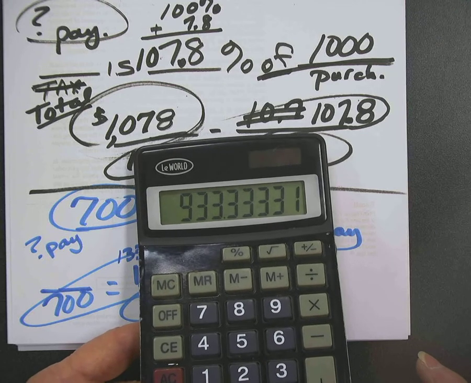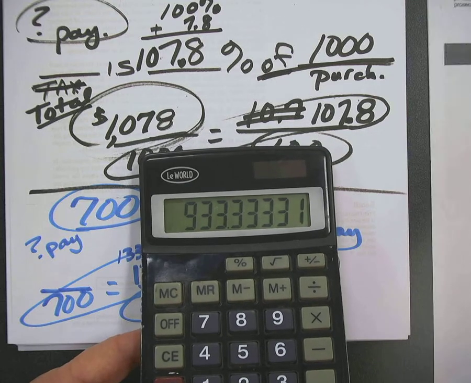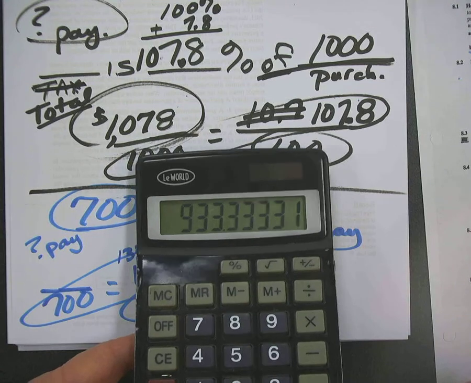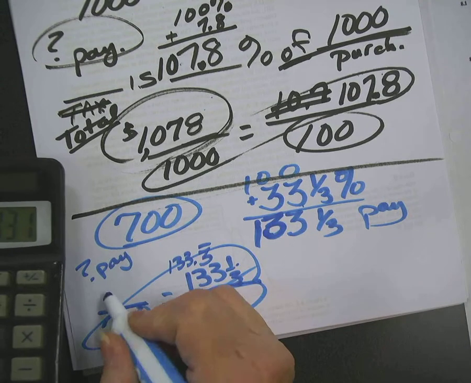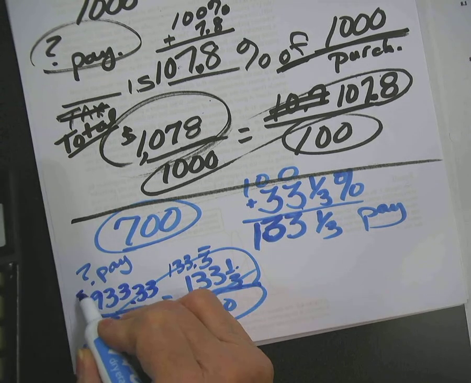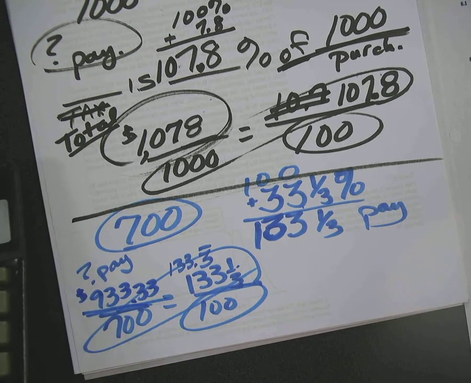Okay? And you could just round that to the nearest penny. That would be 933.33, the nearest penny.